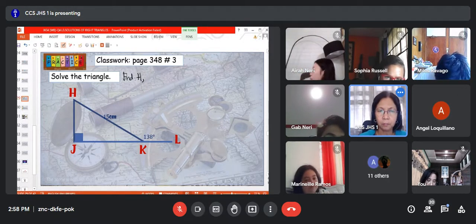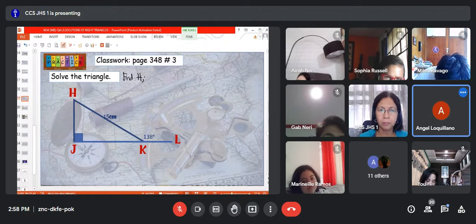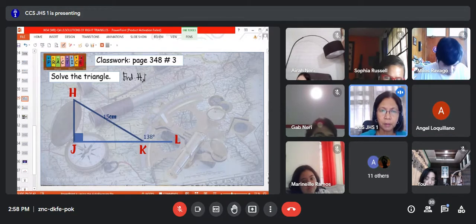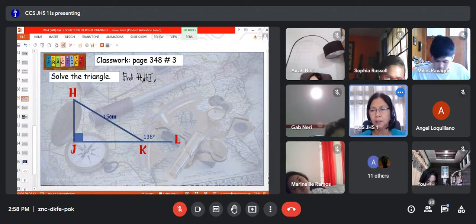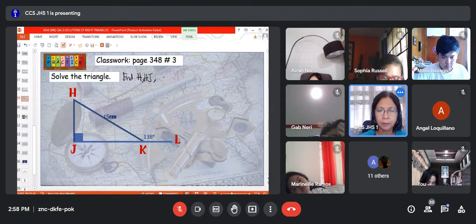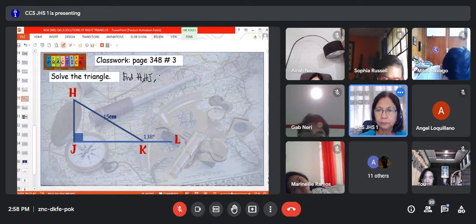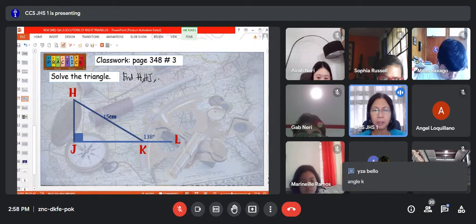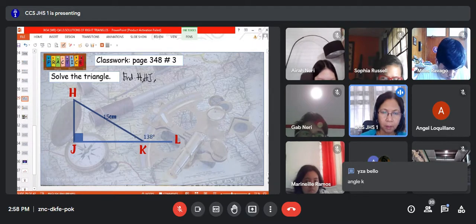Side HJ. Side HJ, that will be distance HJ. What else? Isa, give me one missing part. Angle K. There are two angles here.